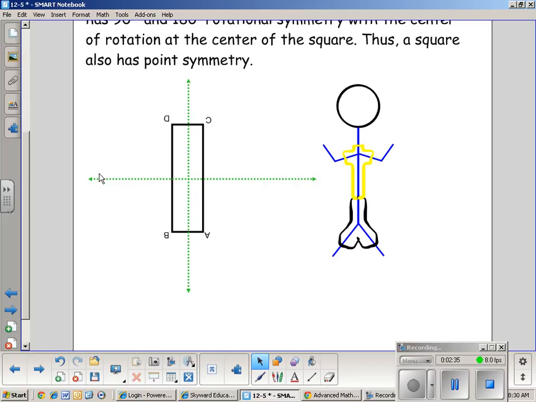Another question is, is it rotational? Let's put it back the way it was.